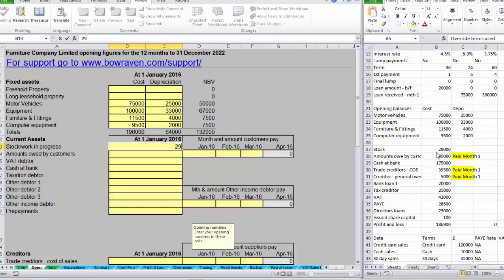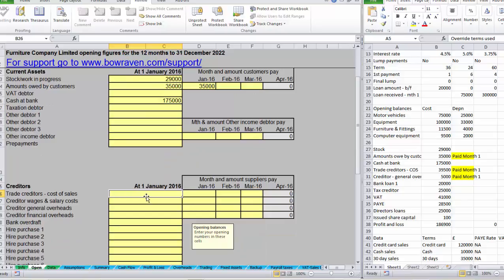My stock is £29,000. Amounts owed by customers, £35,000, and then you have to say when that is paid. So in this case it's all paid in month one, so January 2016, so £35,000. My cash at bank, £175,000.